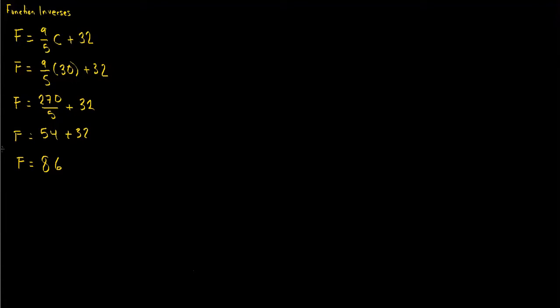Now, what I'm going to do is write a diagram here. This is the set, or the input, of the Celsius degrees, all the possible temperatures in Celsius, and these are all the possible temperatures in the Fahrenheit scale.